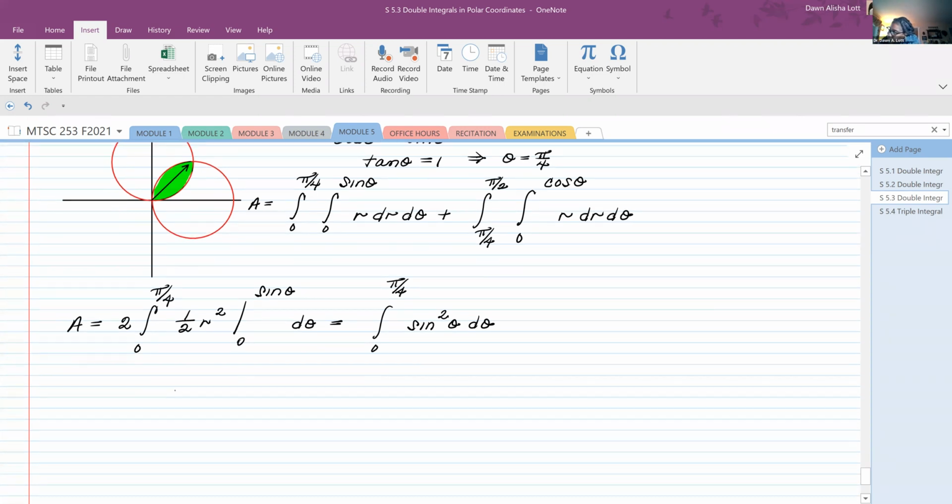Then this becomes 1/2 the integral from 0 to pi over 4 of 1 minus the cosine of 2 theta d theta. We use the double angle formula. So I get 1/2 theta minus 1/2 the sine of 2 theta evaluated between 0 and pi over 2.